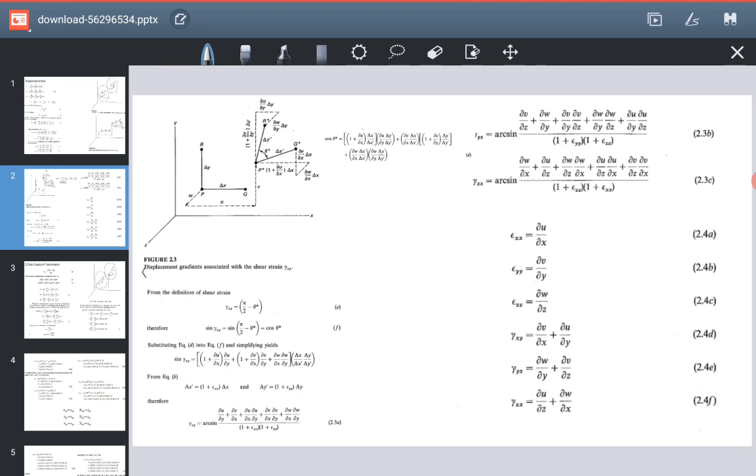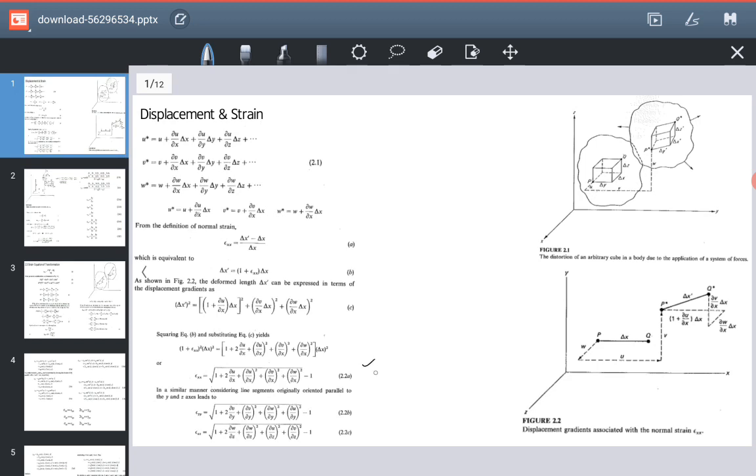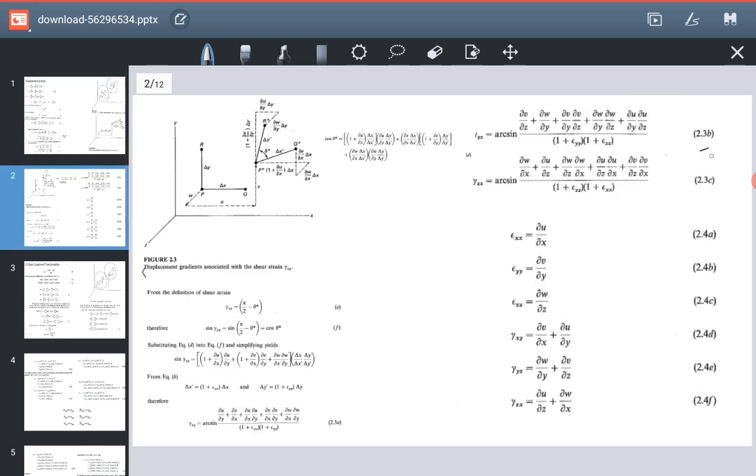So by using this assumption, if we can further simplify equation 2.2 and 2.3, it is going to come out like this.